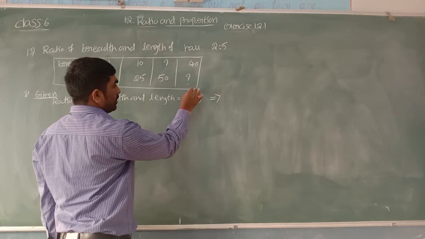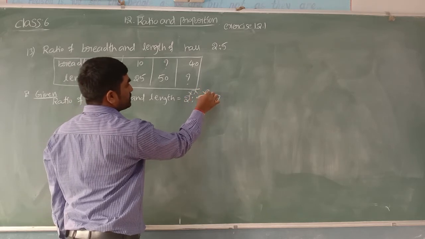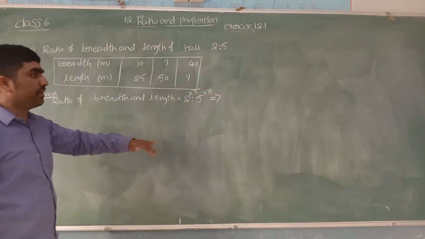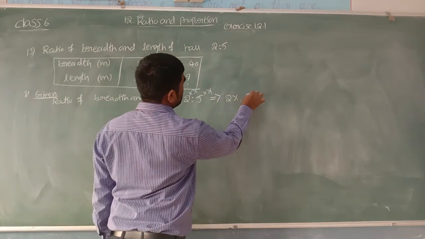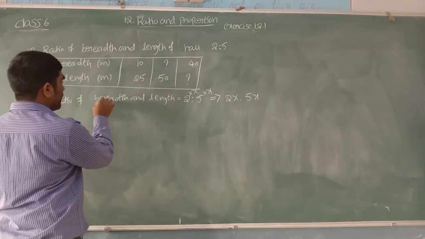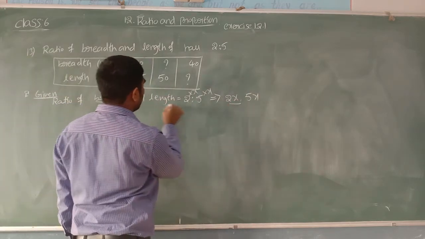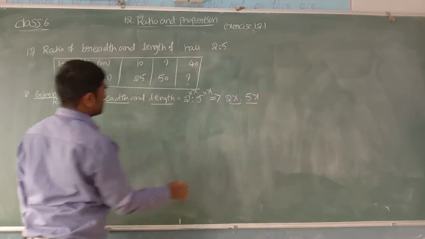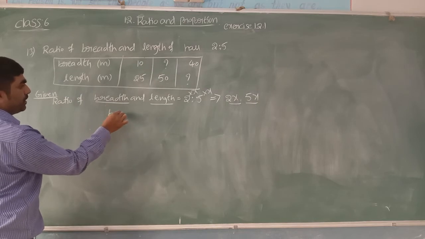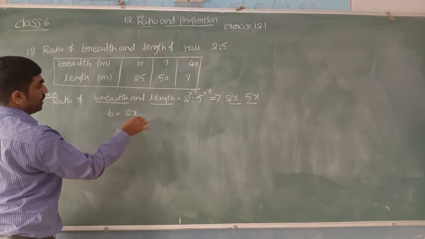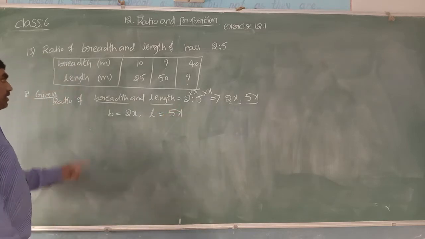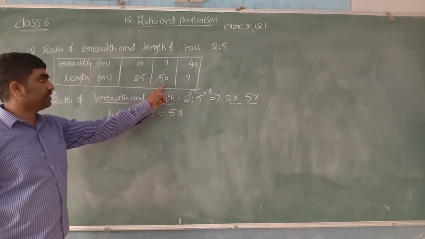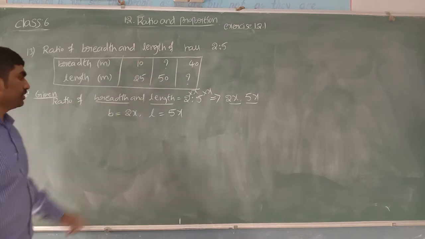So let us multiply 2 and 5 with the same common factor to get the previous numbers. 2 into x, 2x, comma, 5 into x, 5x. So breadth we consider as 2x and the length is 5x. Now breadth I will write b, which is 2x, and the length I will write with L, which is 5x. Here the length they give is 50, asking to find the breadth.